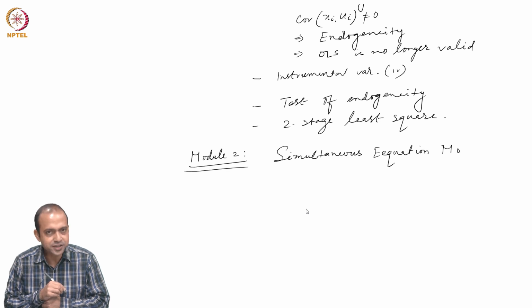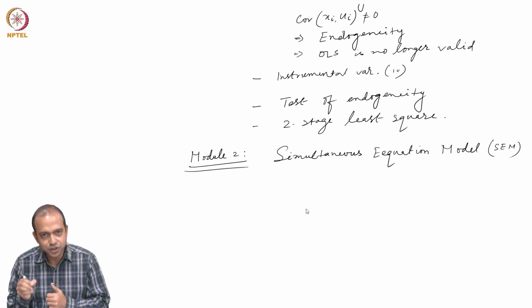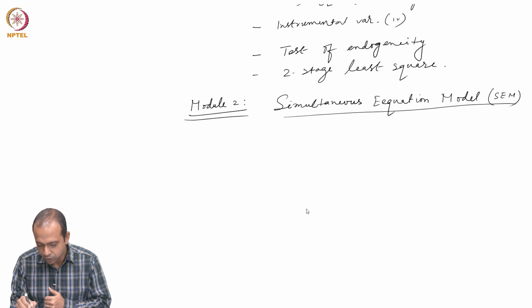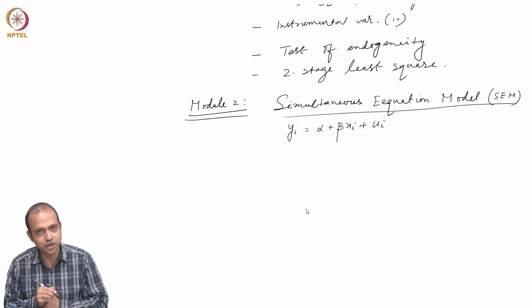But we never discussed a case where y can also cause x. That means we discussed only unidirectional causality, from x to y.